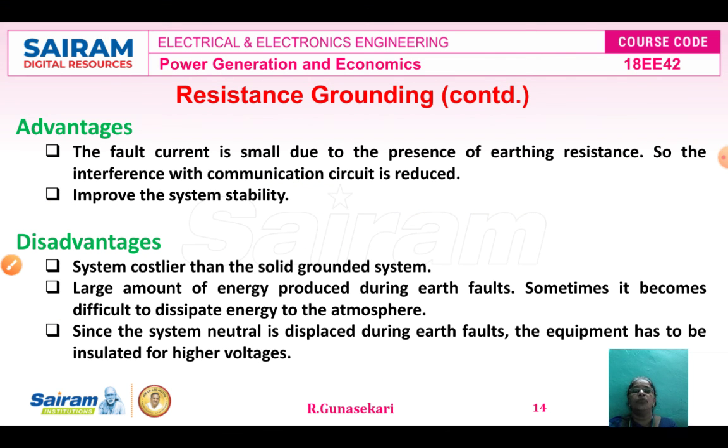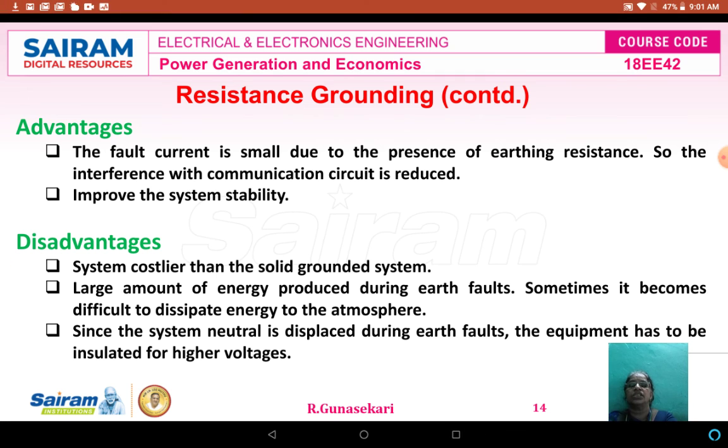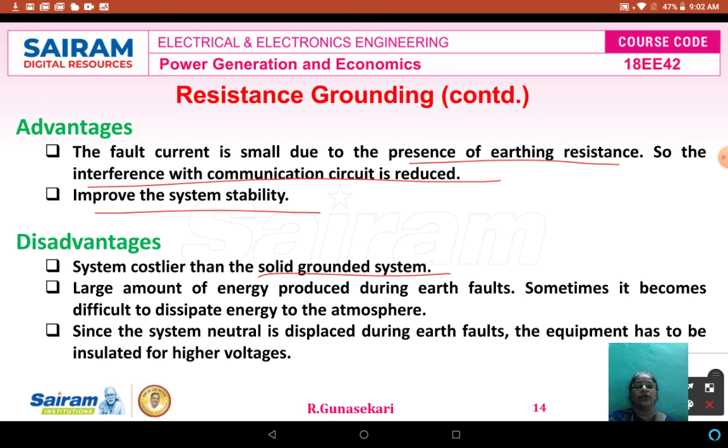Now we study the advantages and disadvantages of resistance grounding. The fault current is small due to the presence of earth resistance. Therefore interference with the communication circuit is reduced and system stability is improved. These are the advantages of resistance grounding. Disadvantages: resistance grounding is costlier than the solid grounding system.